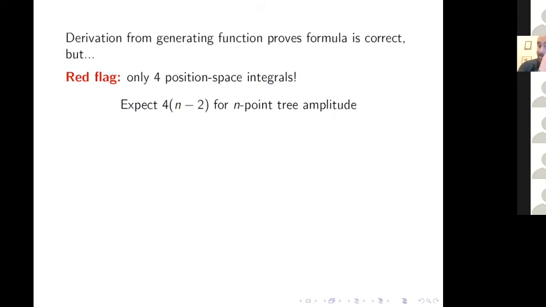You would expect there to be at least 4(n-2) such position space integrals for an n-point tree amplitude coming from just the Lagrangian of Yang-Mills theory in a background field. So what's going on? It looks like this formula is way too simple.